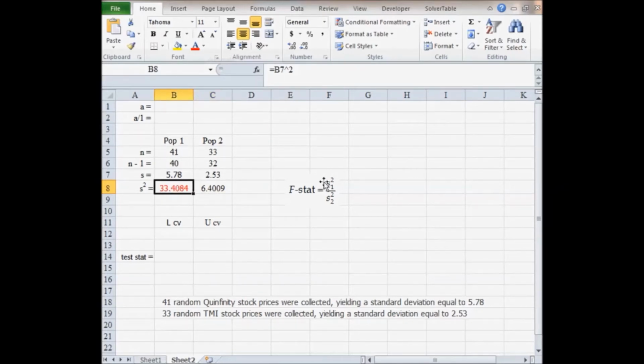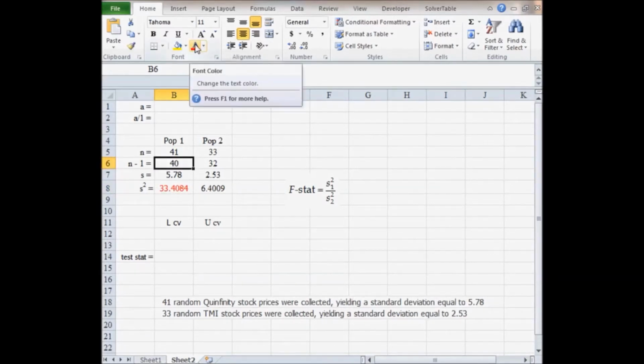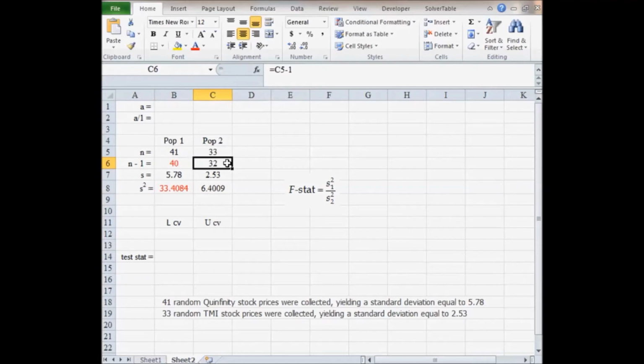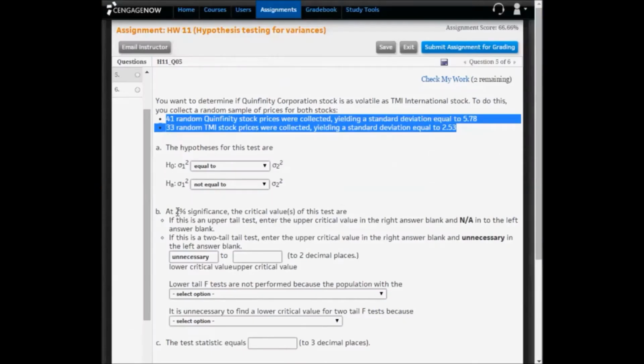This value goes in the numerator of the F statistic, which means the 40 here is the numerator degrees of freedom. The denominator degrees of freedom is 32 because this sample variance goes in the denominator of the F statistic. The significance level is 2%, and notice it's a two-tailed test, so we have to divide the alpha by 2.